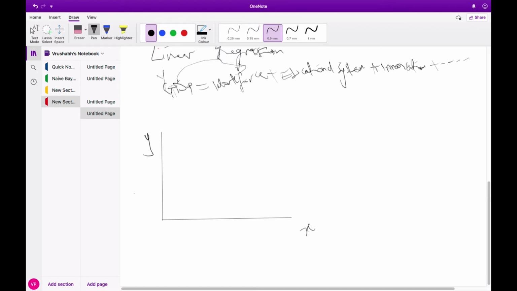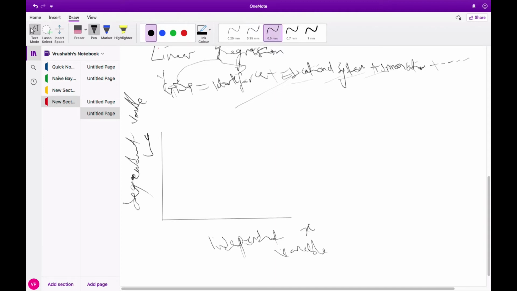So you can think of this y as a dependent variable. Then this x represents these factors that you can see over here, so this becomes the independent variable.